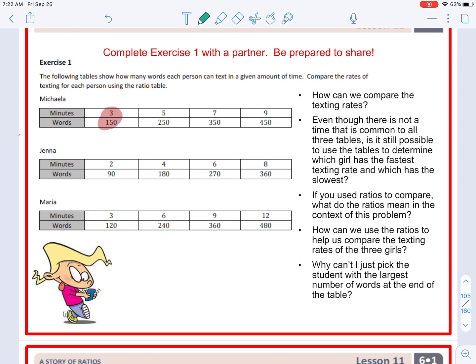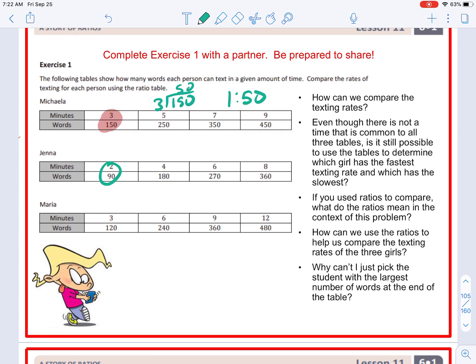I have 150 to 3. What do you think I'm going to do here to find out how many words they type in 1 minute? Correct. We're going to do 150 divided by 3, which gives me 50. So now my ratio here is 1 minute, 50 words. Here, I'm going to do 90 divided by 2 for Jenna.